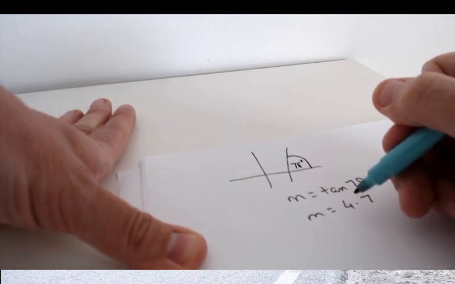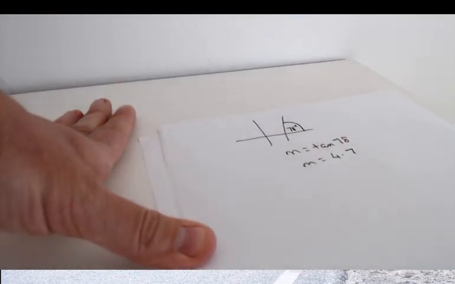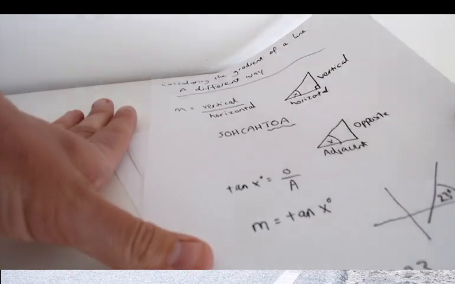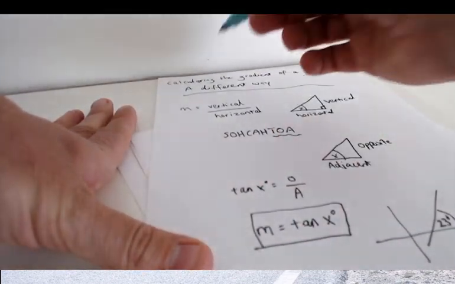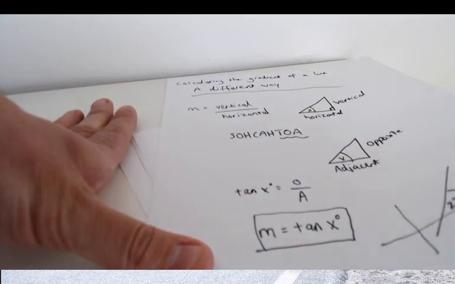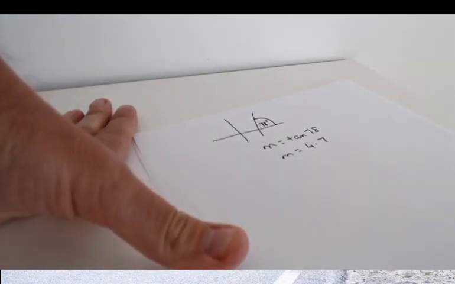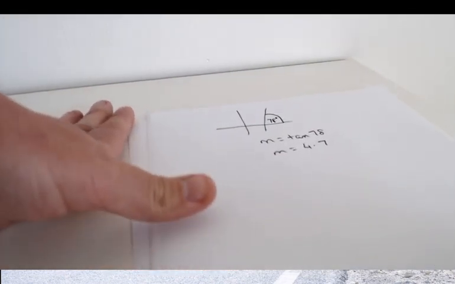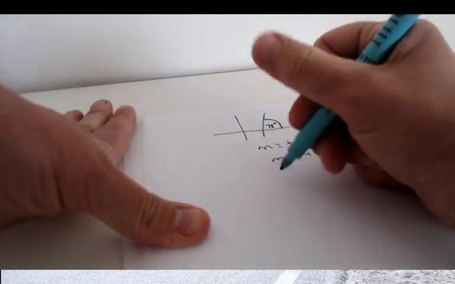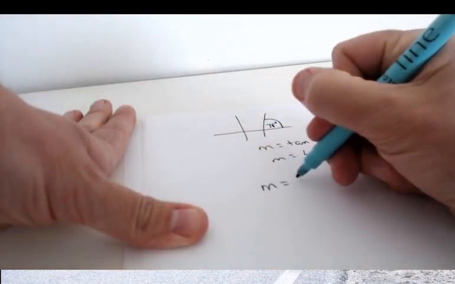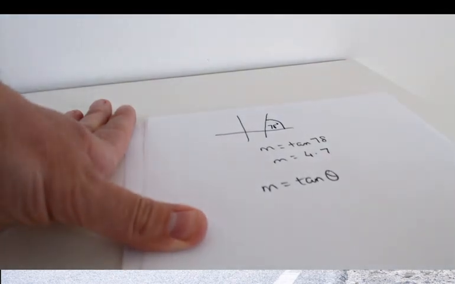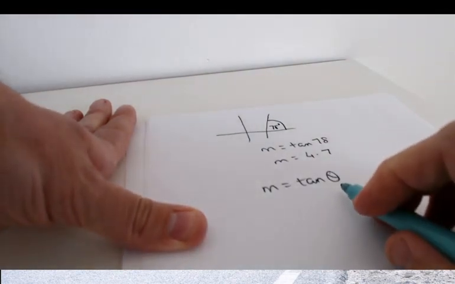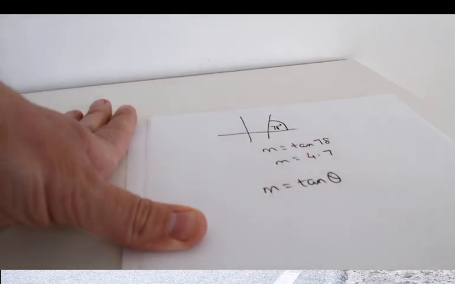I introduced the rule as m equals tan x, because that was the two things I was working with. As always in higher maths, we like to try and make things a wee bit more complicated, and we like to change things up. The rule is actually m equals tan, and this funny wee thing in here is the Greek symbol theta.